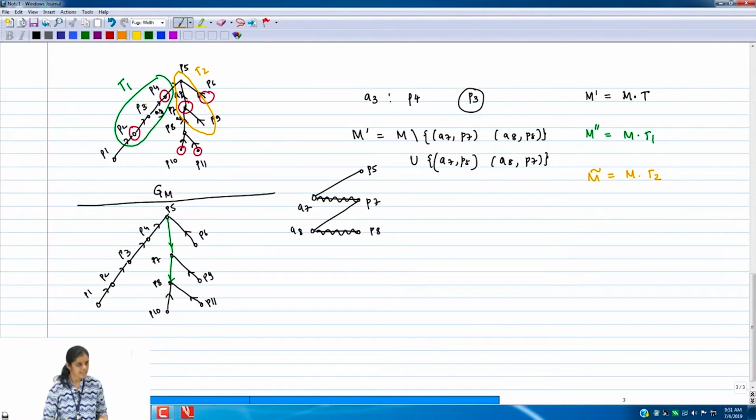I can take any S post, I can simply take the unique path because as soon as I pick a post, there is one outgoing edge, follow that edge, go to that vertex, there is one outgoing edge. Keep doing this, you must reach a sink vertex because you are in the sink component. So if you start with an S post, you will follow a very simple path, the only path that is there, and reach a sink vertex, apply that path, get another matching, and because of the way this graph is drawn, we know that applying this path will always give us a popular matching, right?